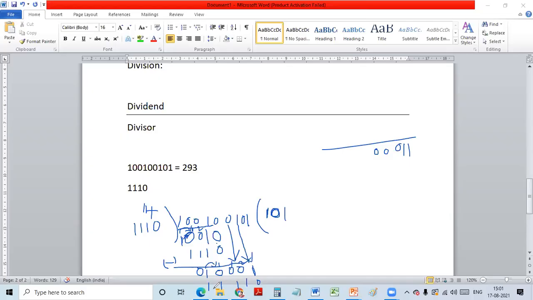Did I miss anything? No, this is 0, right? Nothing is there here. 3 ones and 0, that is 14? Am I correct? Are you following me?